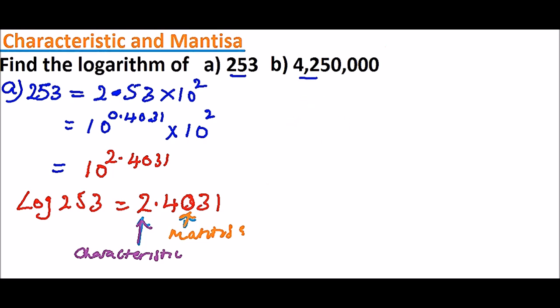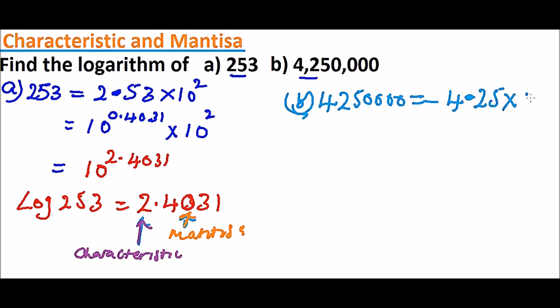We go to part B of our question. We are supposed to get the logarithm of 4,250,000. So we can write this in standard form. 4,250,000 is the same as 4.25 multiplied by 10 to power 6.